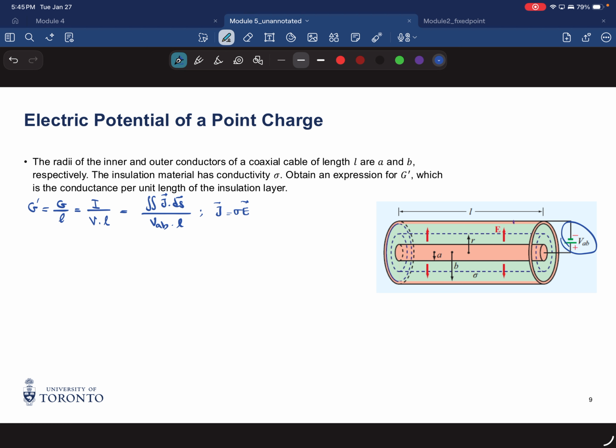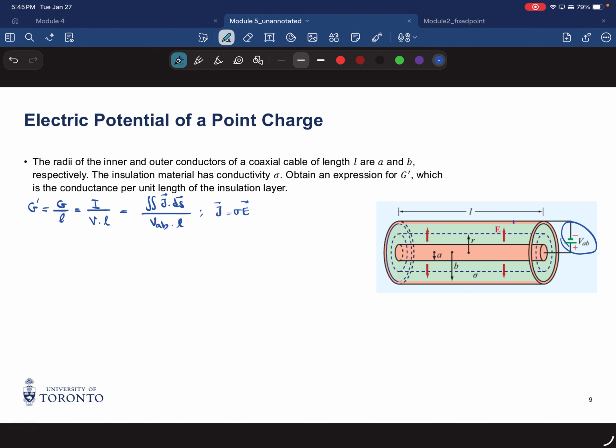How many ways did we have to find E? Integral, right, of free charges. Then we had Gauss's law. The other one was minus gradient of V. Which one should I use here? Please. Maybe the gradient approach? What's that? The gradient approach? Exactly. E can be written that way, especially.